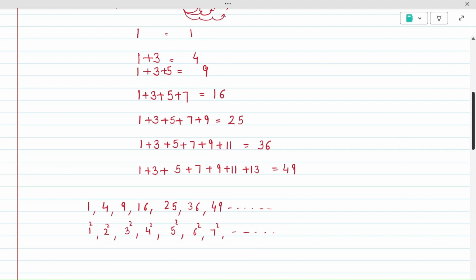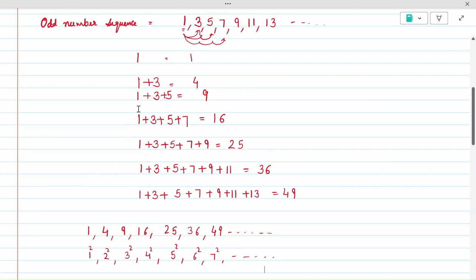So we took one sequence, which was an odd number sequence, and we added it up. When we added it up, we got another sequence, which is a square sequence. So using one sequence, we have derived another sequence. So that means these two sequences are related to each other.